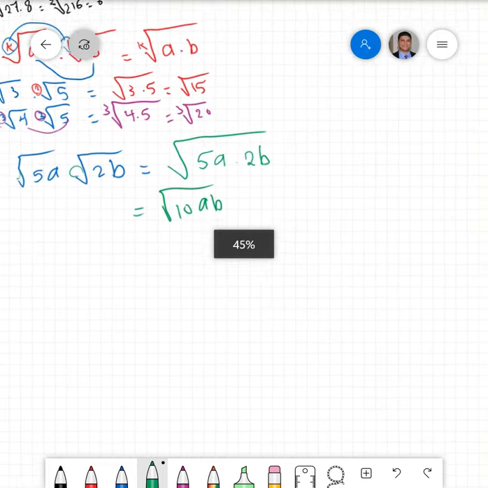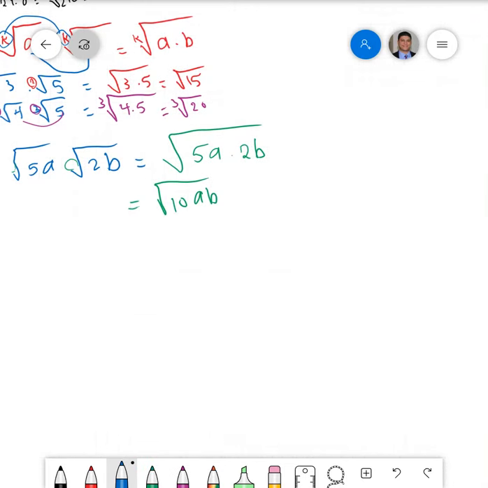Another one, fourth root of y over 5 times fourth root of 7 over y.